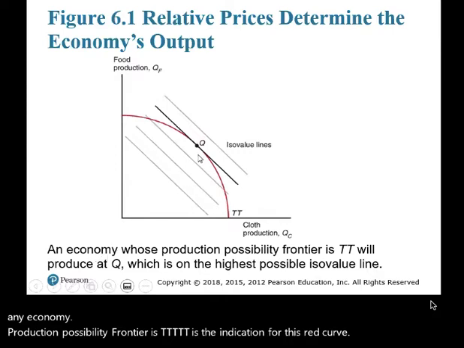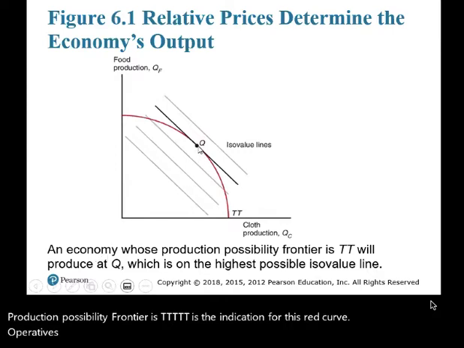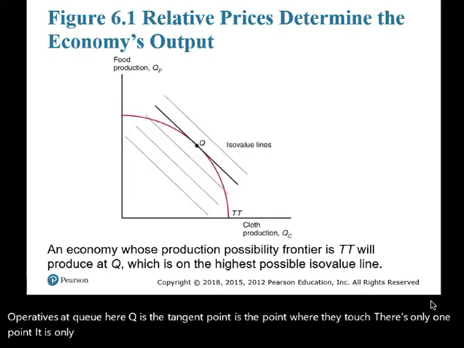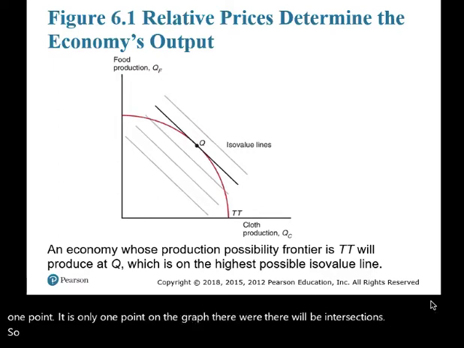We'll produce at Q. Here, Q is the tangent point, the point where they touch. There is only one such point on the graph, and it indicates the highest possible iso-value line.